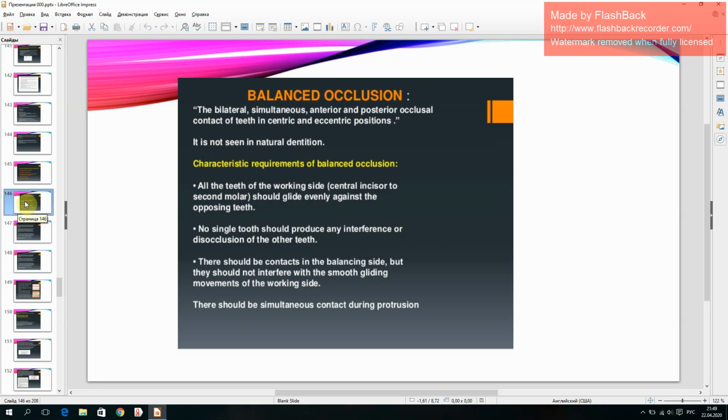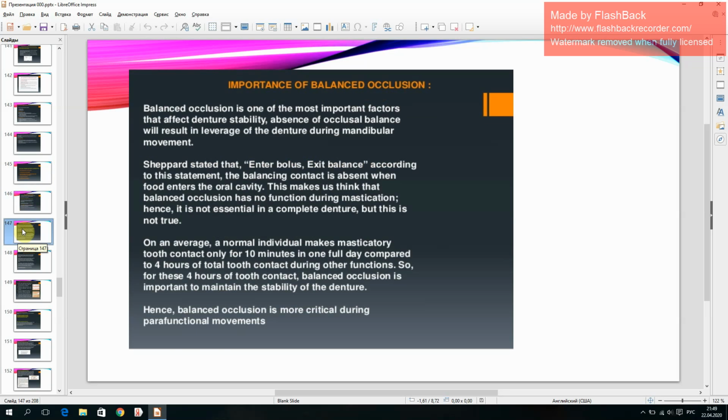Characteristic requirements of balanced occlusion. Importance of balanced occlusion.